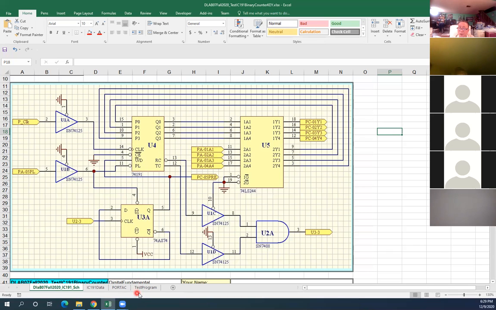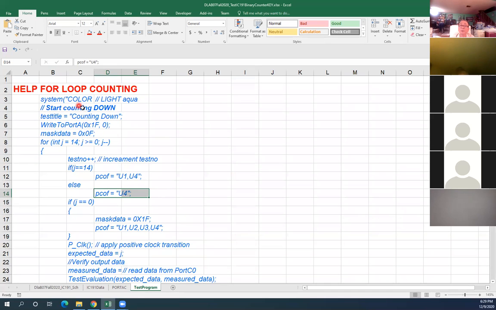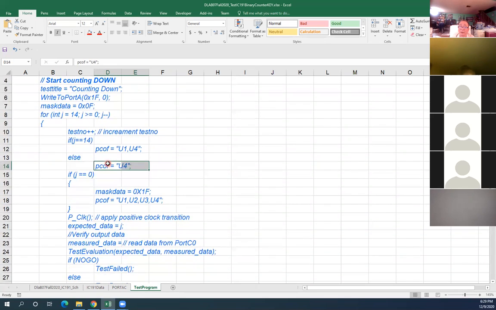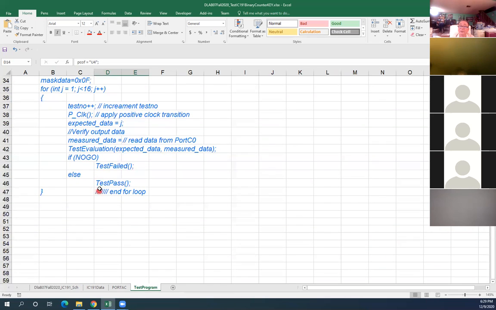On that program here, I already gave you a loop for counting down and a loop for counting up. When you read it, make sure you understand each line of the code. They just repeat the same thing.